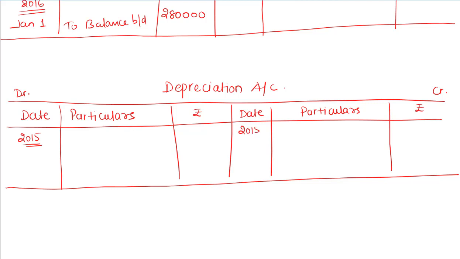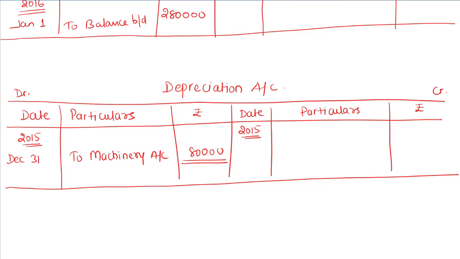For 2015 on both sides, ending date December 31, to machinery 80,000.